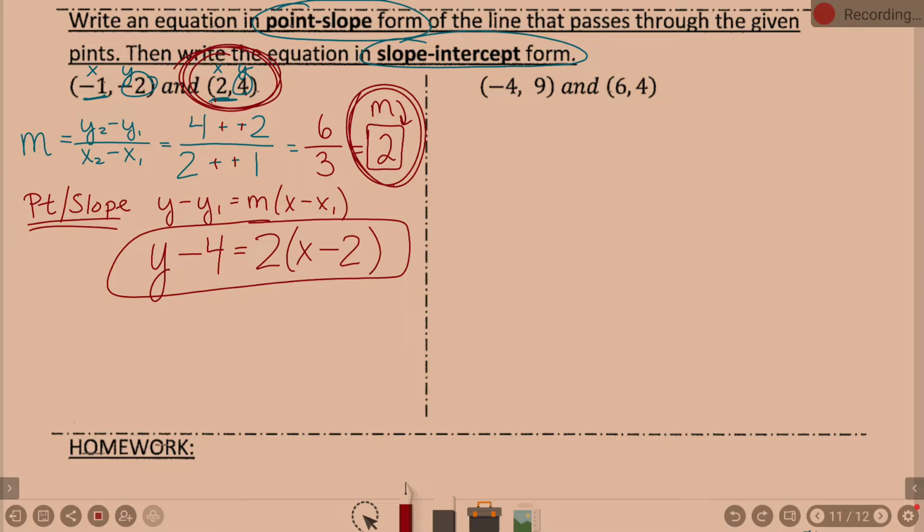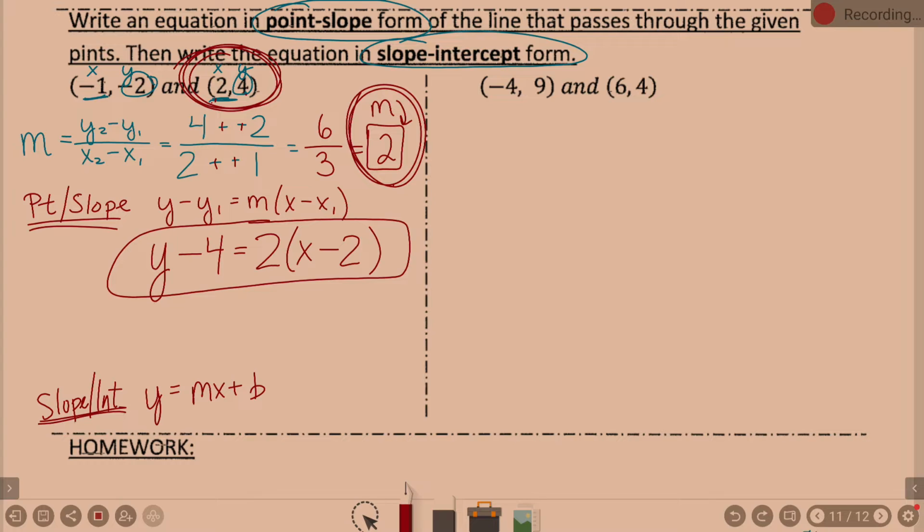Now, the directions here also ask for slope-intercept form. If we have to go to slope-intercept form, that is y equals mx plus b. And there's 2 steps. We have to get y by itself.